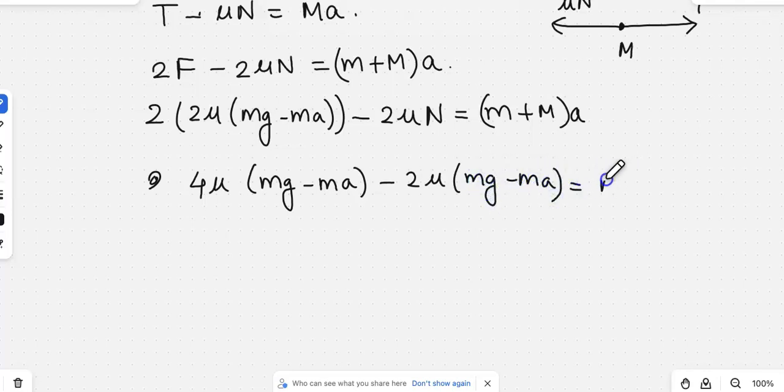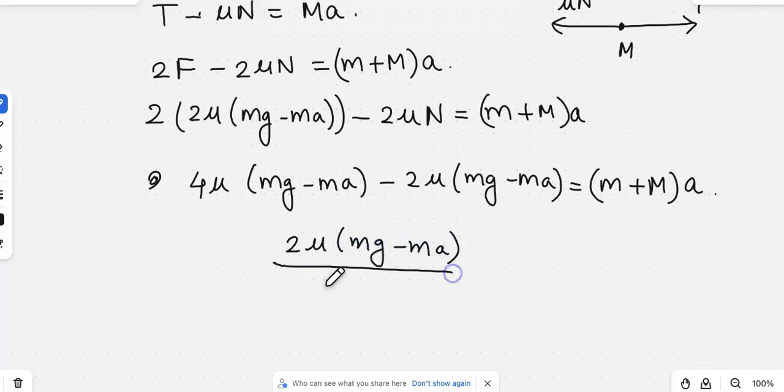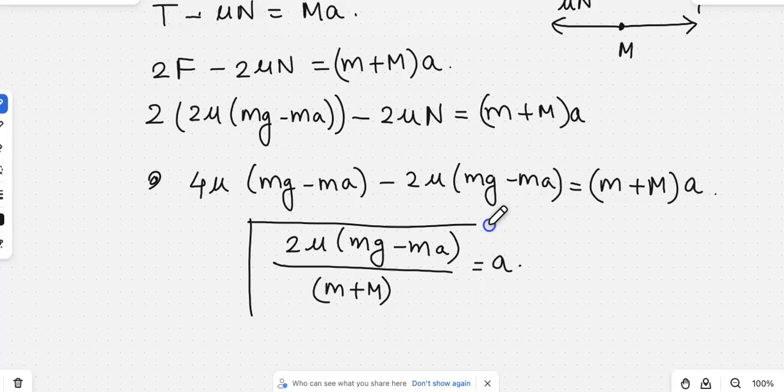This is equal to small m plus capital M into acceleration a. Now this will become 2 mu times mg minus ma divided by small m plus capital M. This is equal to the acceleration a in the second case, and both the blocks will have the same acceleration.